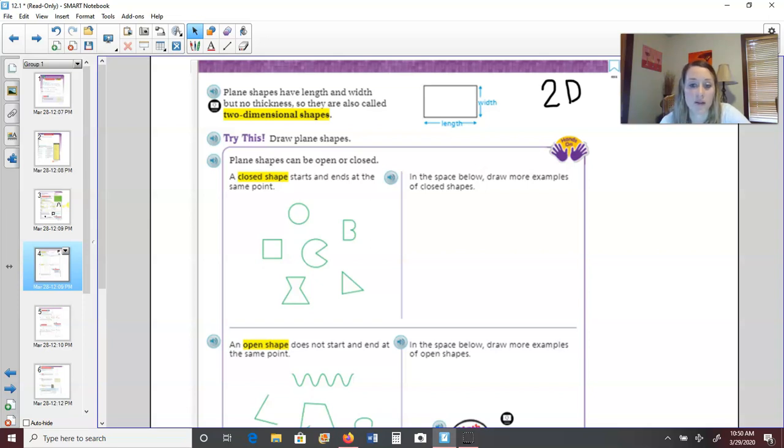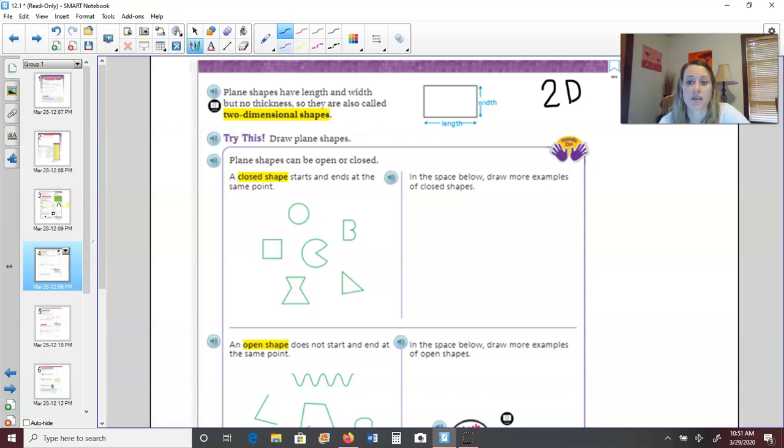We have one that almost looks like a letter B, a square, a triangle, one that looks like Pac-Man in the middle, and then also one that maybe looks like an hourglass or some kind of scientific measuring tool. But either way, all of these shapes are closed. They all are connected.